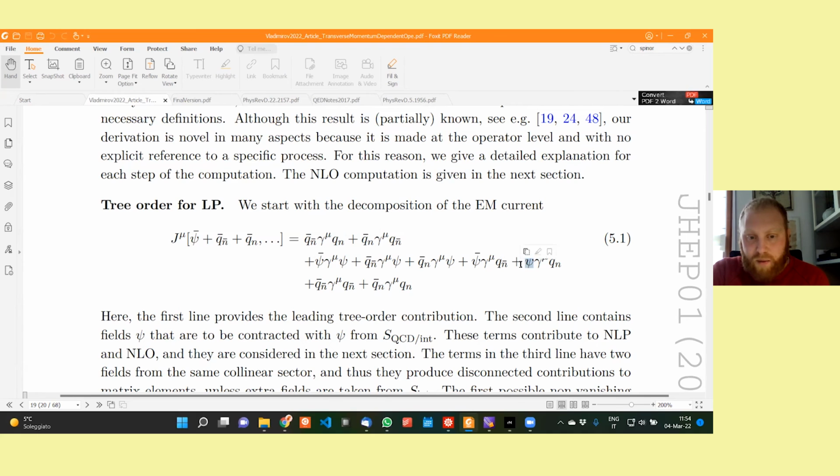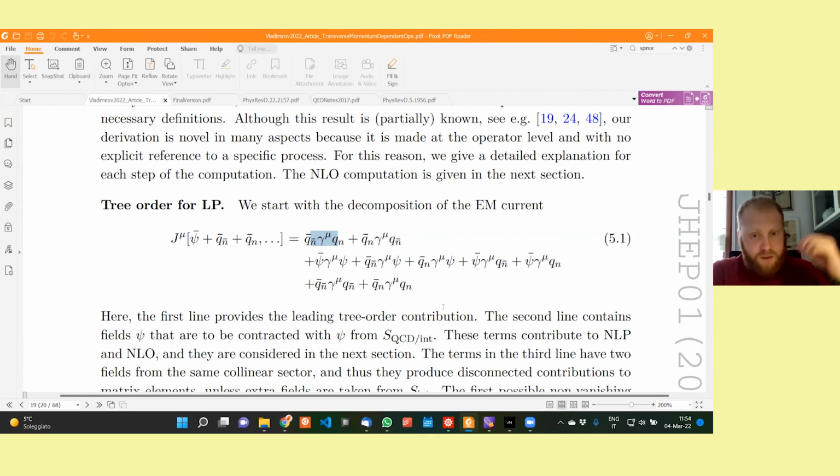You have psi bar, and you have Q bar n. So this last term, this and this, if you sum them, you will find that you have Q bar n, Q bar n bar, Q psi bar, gamma mu Qn. So you recognize one of the pieces of the expansion, and you can play the same game with all the others.